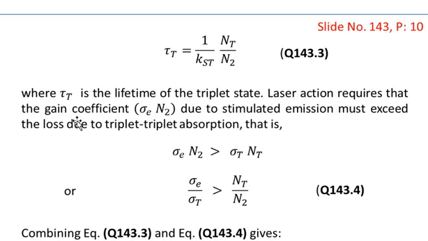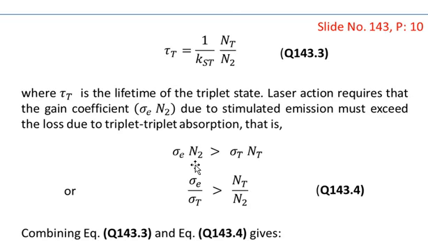Laser action requires that the gain coefficient, which is sigma E times N2 due to the stimulated emission, and which is also valid for stimulated absorption, must exceed the loss due to the triplet absorption.